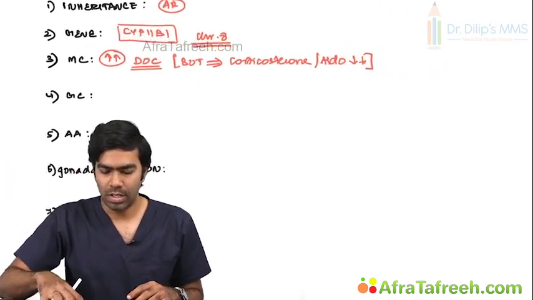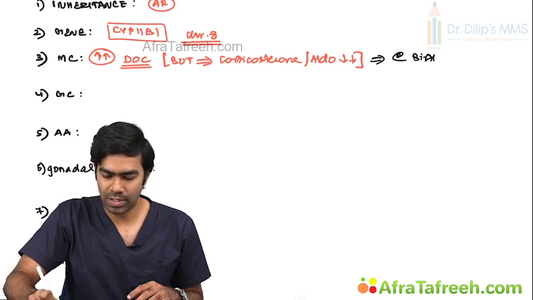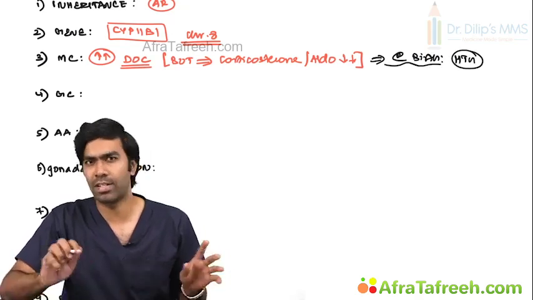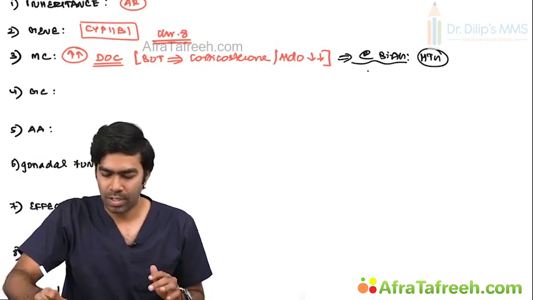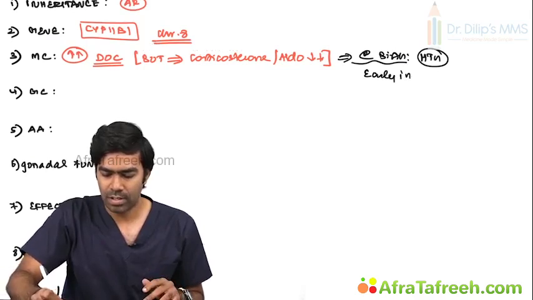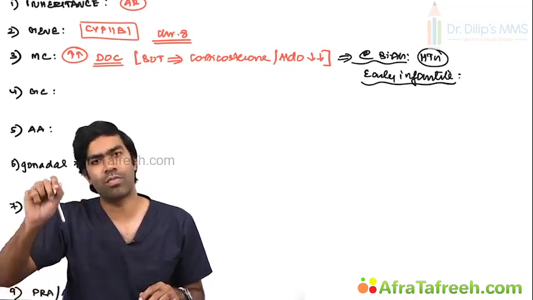Clear? But you have to understand the fact that these children at birth, they will be presenting with hypertension. That is due to excessive deoxycorticosterone activity. Definitely they will present with hypertension at birth at least. But in the early infantile period, even though deoxycorticosterone levels are increased, that is not so powerful like aldosterone.